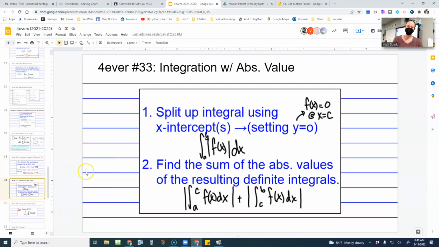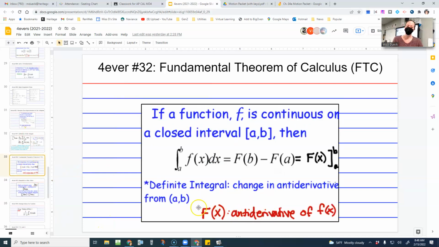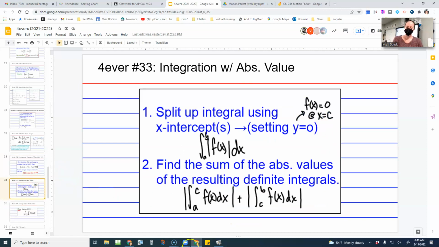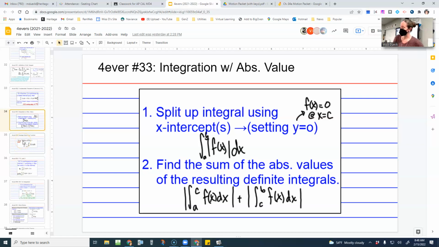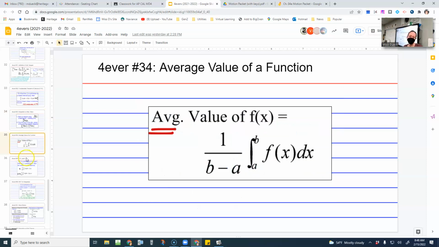We already talked about the fundamental theorem of calculus, emphasizing who is capital F. He's the antiderivative. This would be a good whole card with splitting up with absolute value. P.S. If today goes wrong, I'm giving you hints for what else I could ask about on the next variation of the quiz, not just for today, but for future ones. The average value is like a rate in that I have a fraction, but I'm coming back with an integral.